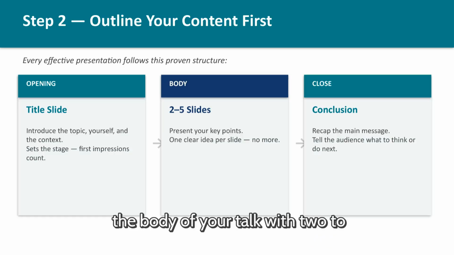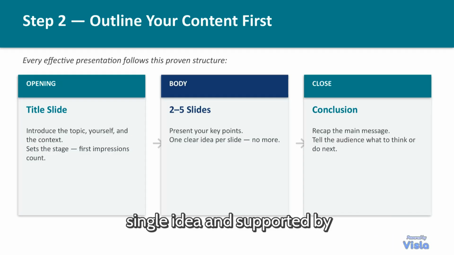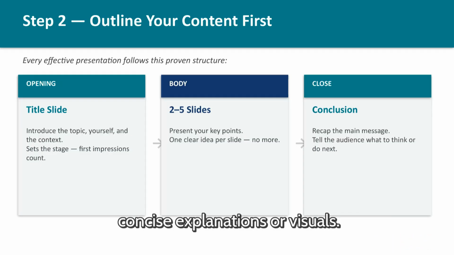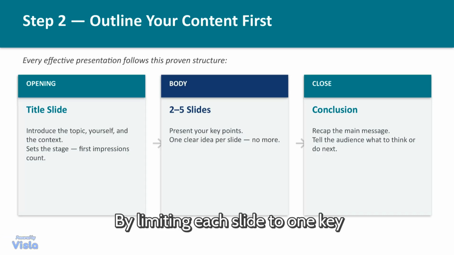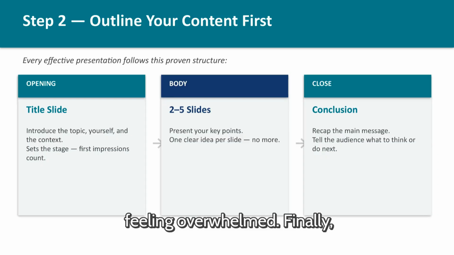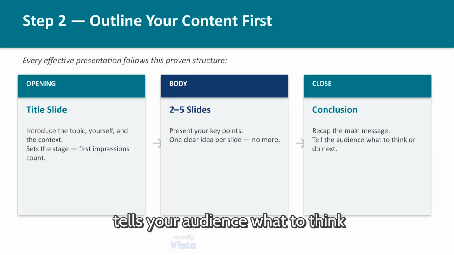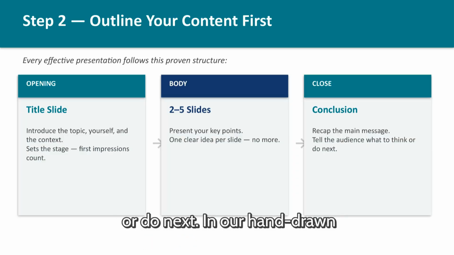Next, plan the body of your talk with 2 to 5 slides, each focused on a single idea and supported by concise explanations or visuals. By limiting each slide to one key point, you help your audience absorb information without feeling overwhelmed. Finally, design a closing slide that recaps your main message and tells your audience what to think or do next.